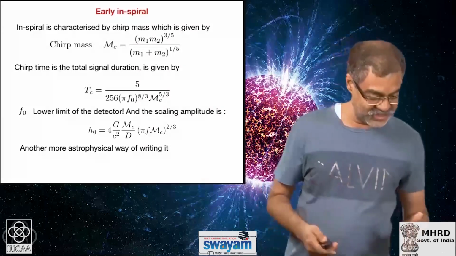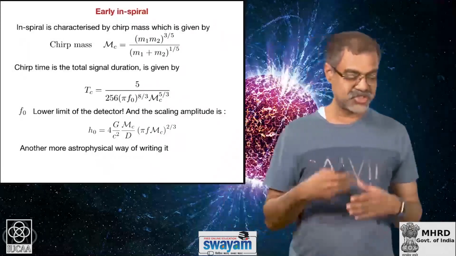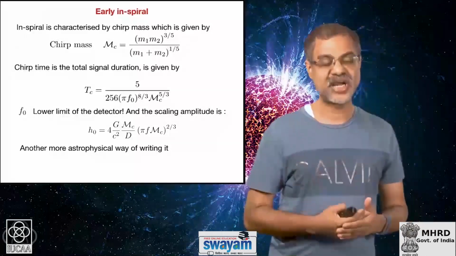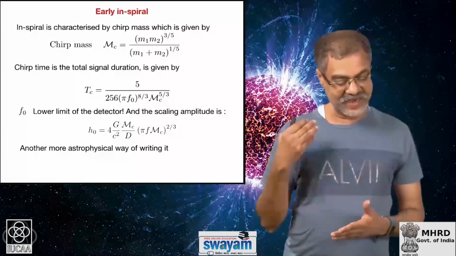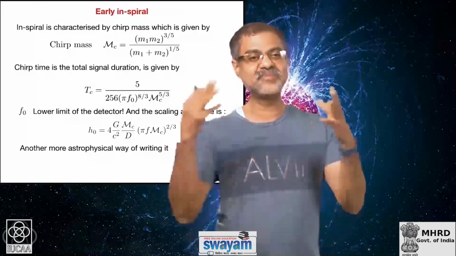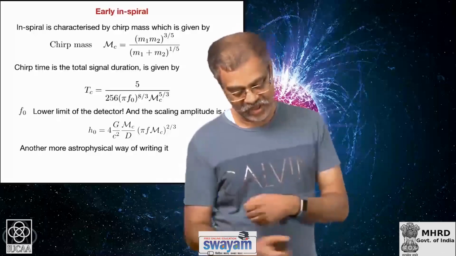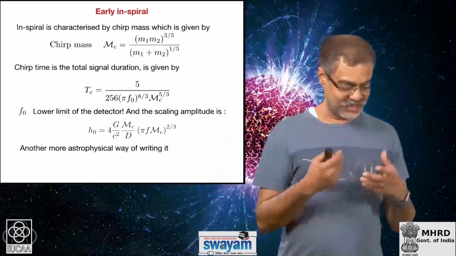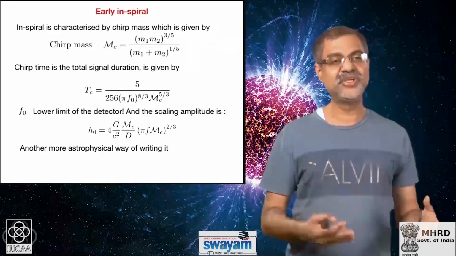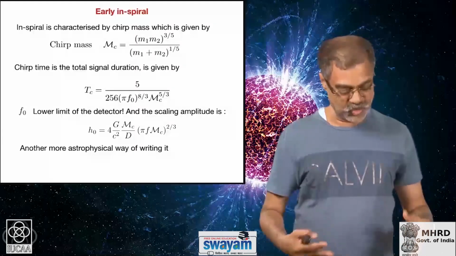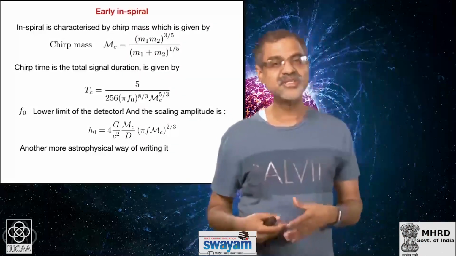That is what we call the chirp time, and that depends on the frequency at which you start observing the system and the mass of the system. The larger the mass, the more quickly they coalesce, and the lower the frequency at which you watch them, the more time you get them to be seen.